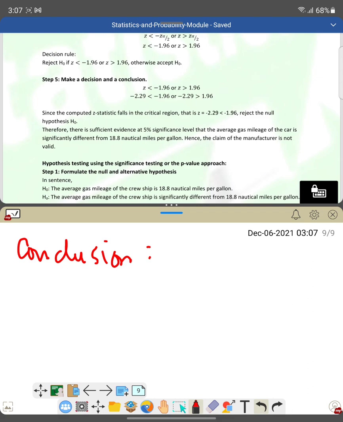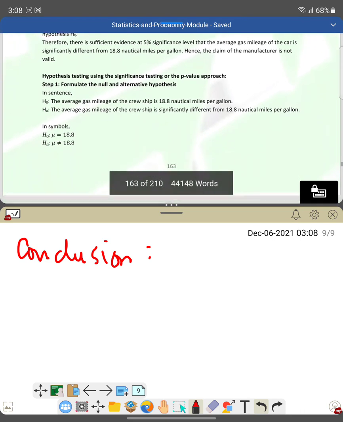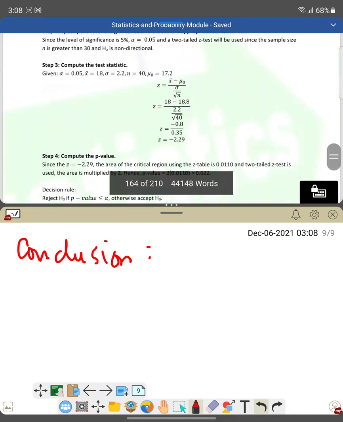So we could say that there is sufficient evidence at the 5% significance level that the average gas mileage of the car is significantly different from 18.8 nautical miles per gallon, hence the claim of the manufacturer is not valid.